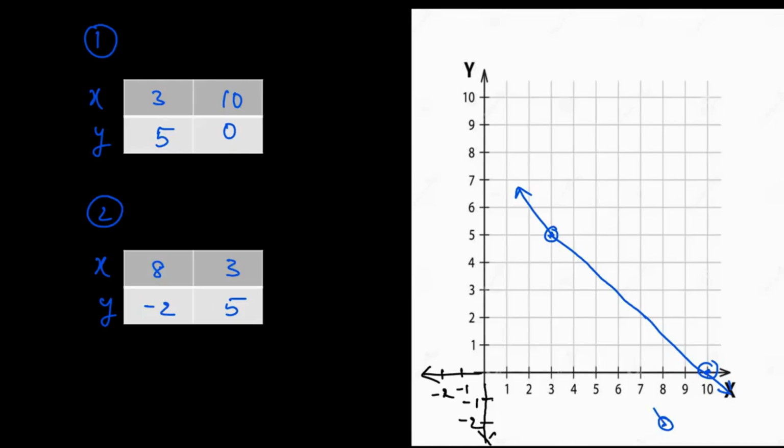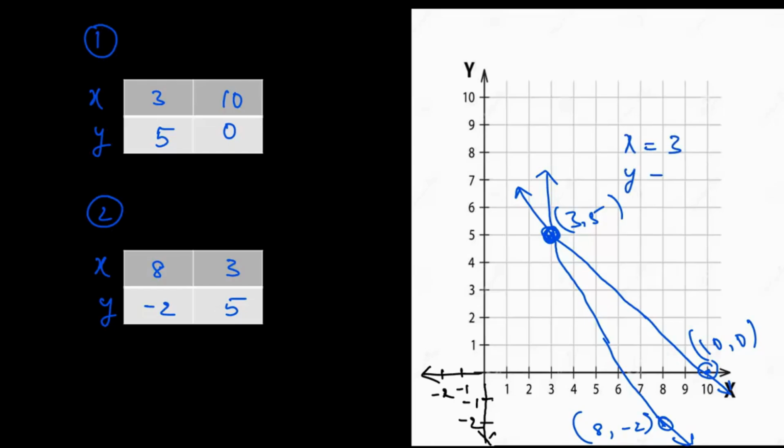So just drawing roughly, this is our meeting point 3 comma 5, which is 10 comma 0, and this is 8 comma minus 2. So this is our meeting point. So x value is equal to 3, y value is equal to 5.